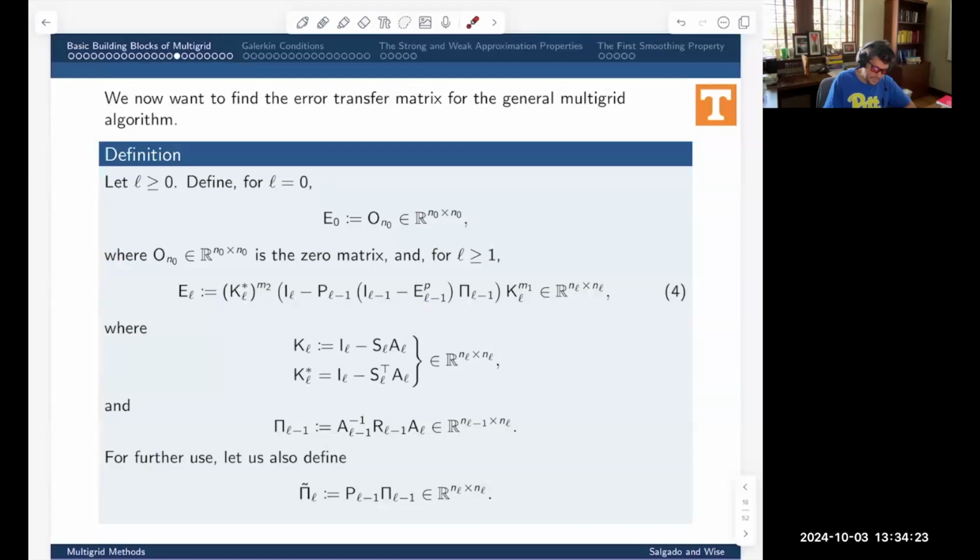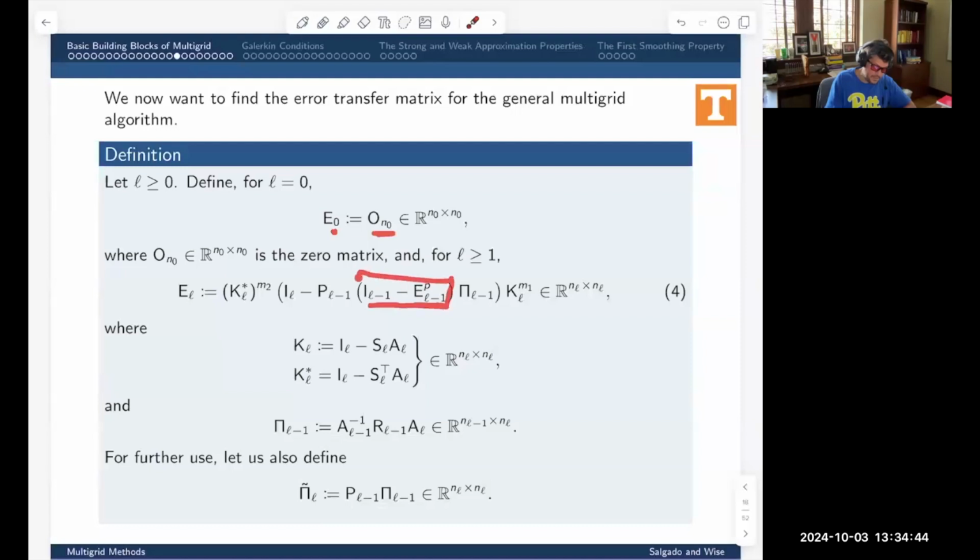Let's look at this whenever little l is equal to 1. In fact, we do recover exactly the error transfer matrix for the two-grid algorithm, because whenever l is equal to 1, the error transfer matrix for L minus 1, that's l minus 1 equal to 0, is just going to be the 0 matrix. So identity minus the 0 matrix is just the identity.